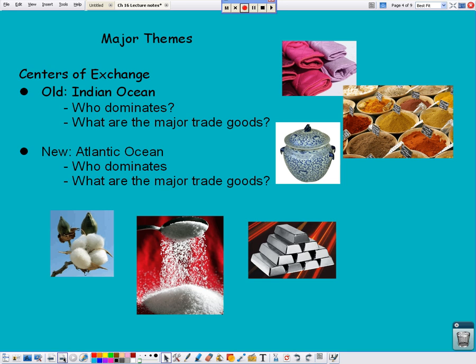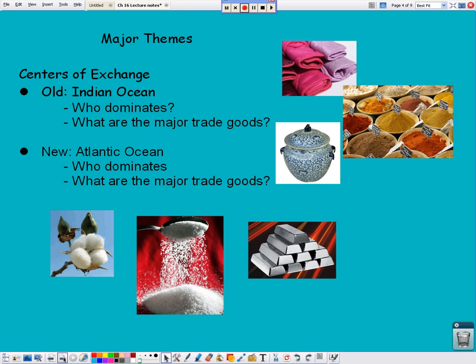Now, these things will still be valuable. And in fact, Europeans will be in a constant quest to get their hands on these same products. But we're also going to find new products become valuable as well. What's this one? Cotton. Sugar. And silver. These will become just as valuable and sought after during this new period.